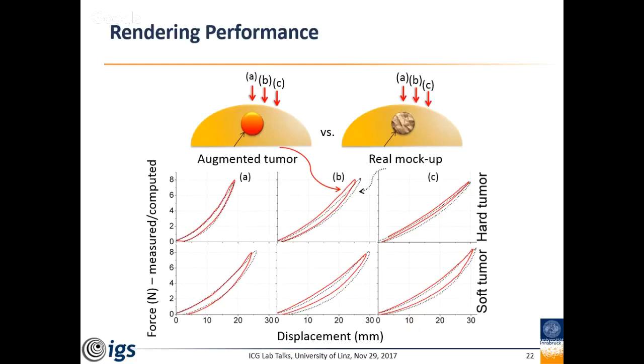And then what we do is we either measure the forces from the real object, or we measure forces and add to that the computed forces from the tumor, and then compare the curves. So the red curves here are from the augmentation, and the stippled black curves are from the real measurements. And well, qualitatively, we are not so far off with our model here.